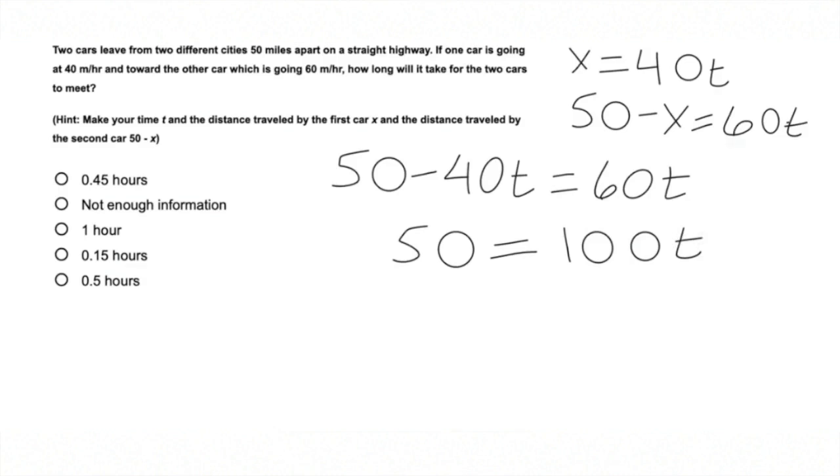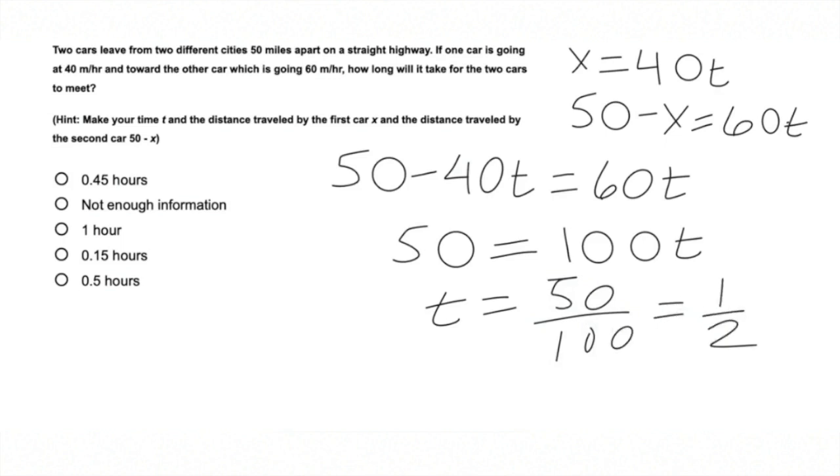If we isolate the t, then we see that t equals 50 over 100, and that equals 1/2, which equals 0.5. And that is one of our options. So that is the correct answer. It will take 0.5 hours for the 2 cars to meet.